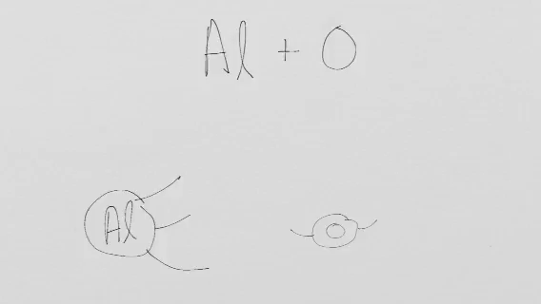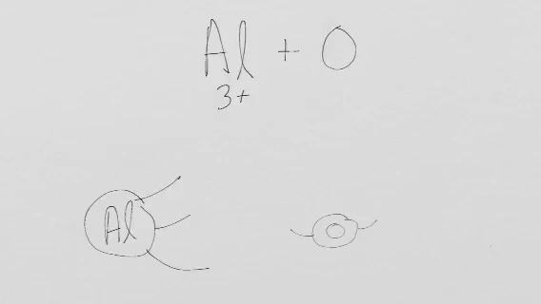How many valence electrons does aluminum have on its outermost shell? It will have 3 because it is in group 13, right? It will have these 3 extra electrons floating around. That's not stable. It doesn't want to have 3. It wants to have 8.